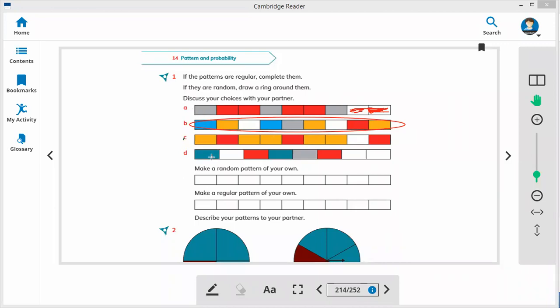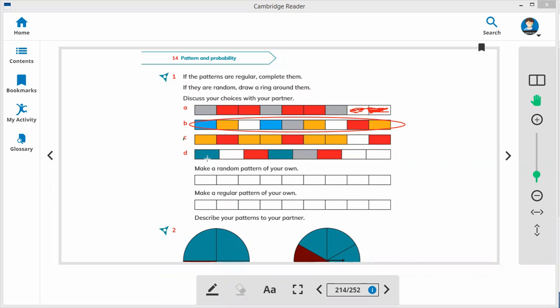Okay, moving on to pattern number C. Red, yellow, red, two yellows, red, two yellows, and white and red. So it is also not a regular pattern, it is a random pattern. What is it? It's a random pattern.